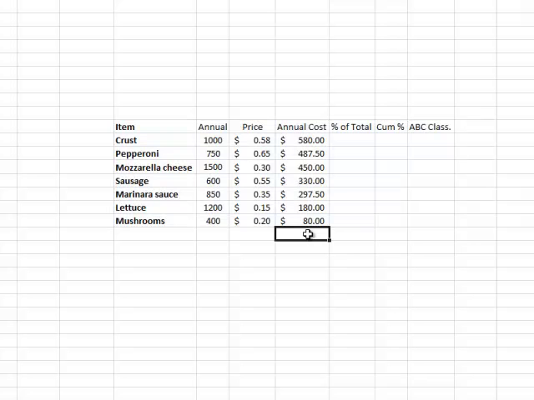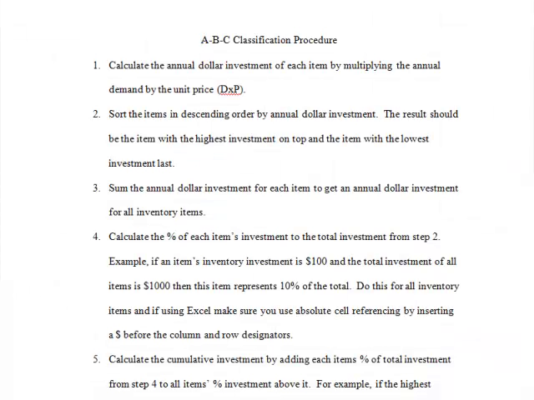The next step, step 3, is to determine the total cost for all these items. I can do a very quick auto sum here to add up the cost of all the items, and I can see my total annual investment for all the items is shown here. Let's go back to the procedure and see what we need to do next.